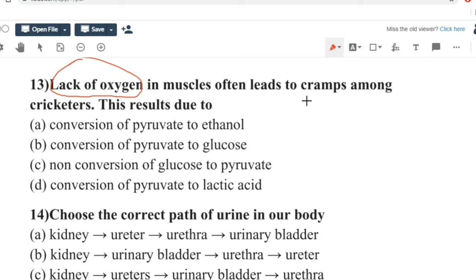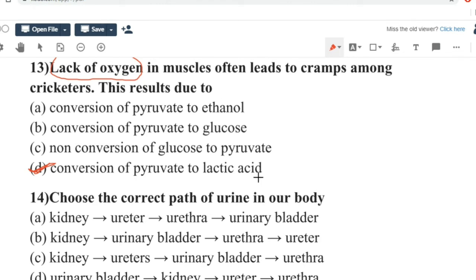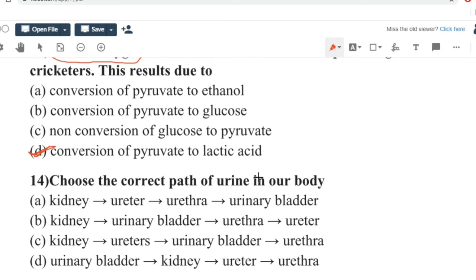So the pyruvate is converted to lactic acid, right? We have lactic acid accumulation in the muscles, which leads to the cramps. So the answer is conversion of pyruvate to lactic acid.